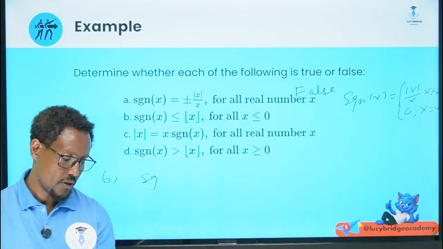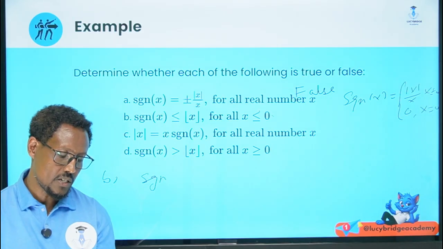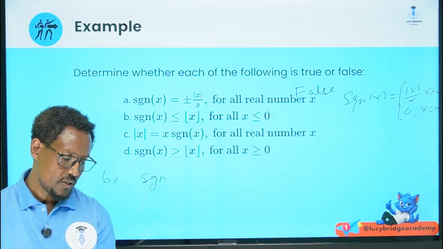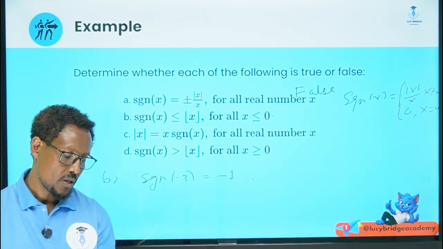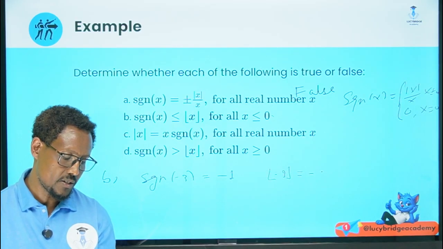Signum of, for x less than or equal to 0, take signum of -3. Signum of -3 is -1. What about floor of -3? Floor of -3 is equal to -3.